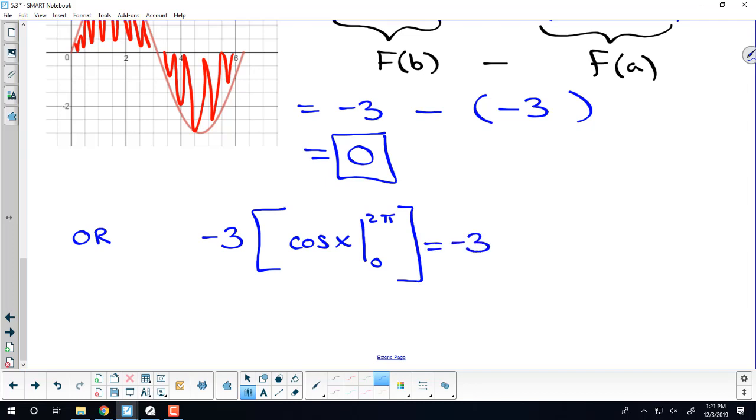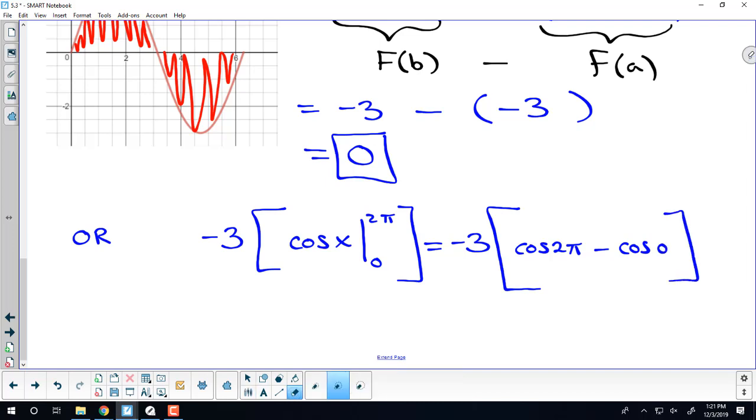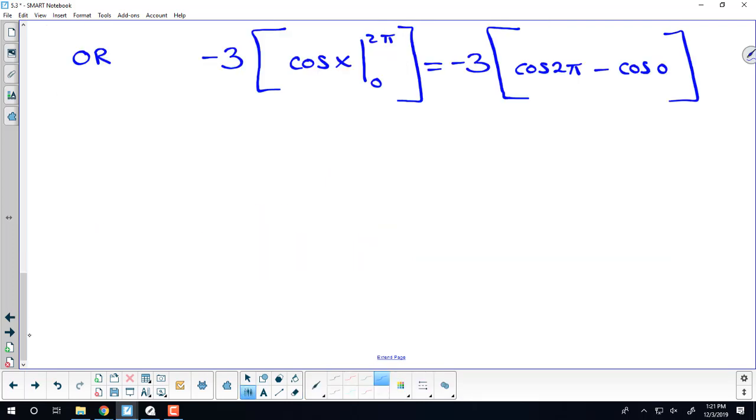You can see it's the same result. We have cosine of 2 pi minus cosine of 0. And so we have -3 times the quantity, 1 minus 1.